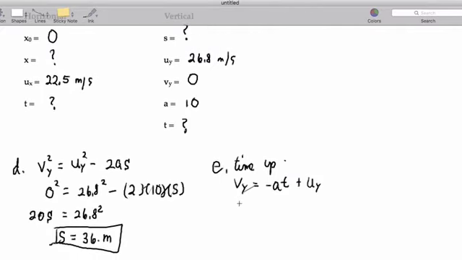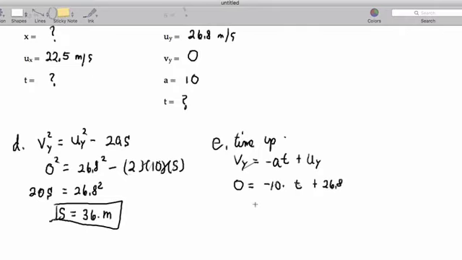So that's 0 in the y direction at the top equals negative 10 times t plus 26.8. When we simplify that, we're going to end up getting a time of 2.68 seconds. Want to be clear, this is just the time up. So t is 2.68 seconds, and this is just the time up.